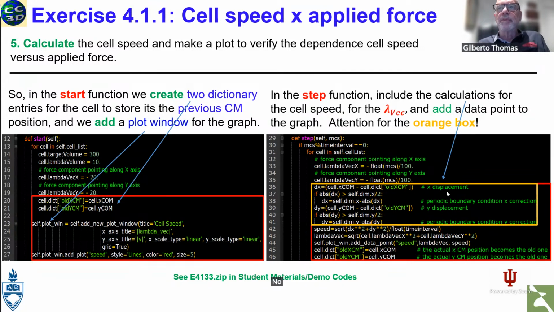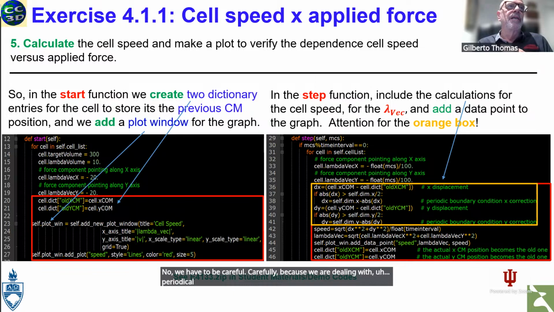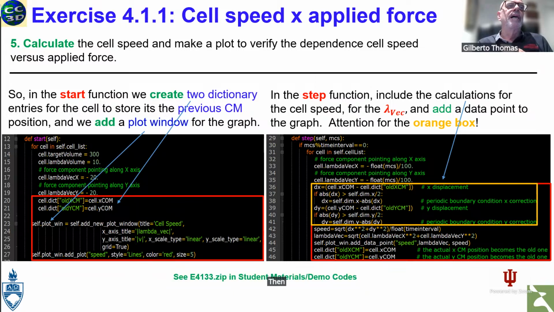Now, we have to be careful because we are dealing with periodic boundary conditions. When a cell crosses one of the borders, we'll have to correct the displacement to bring it to the right grid you are dealing with.